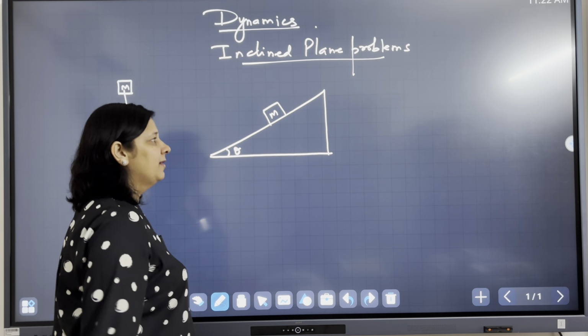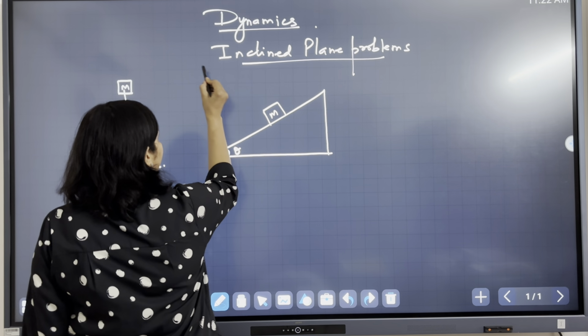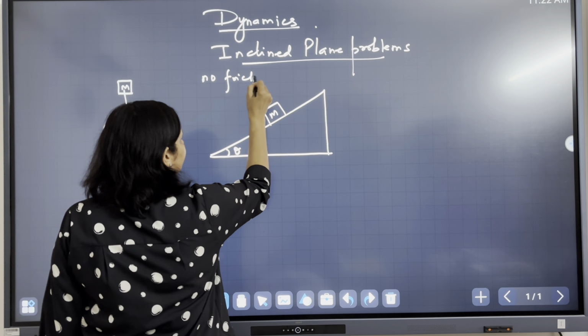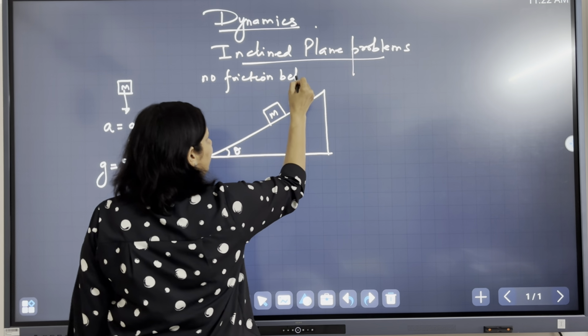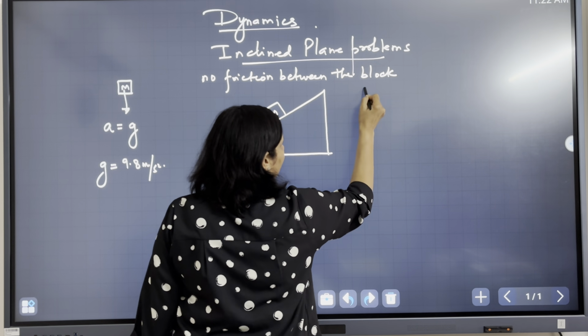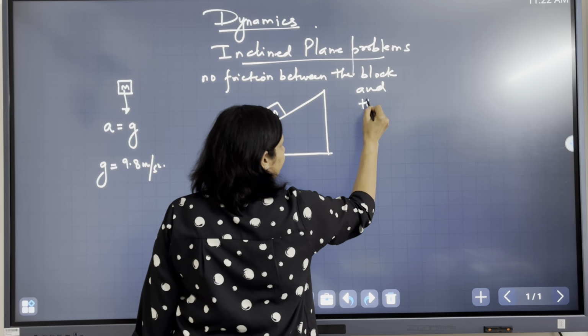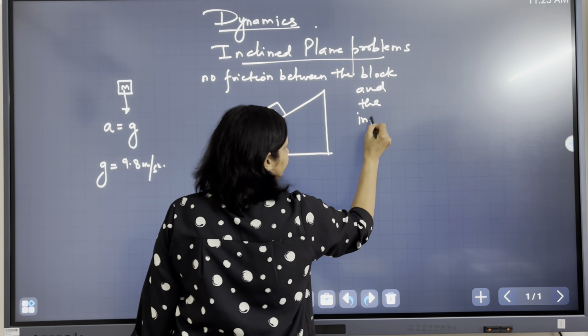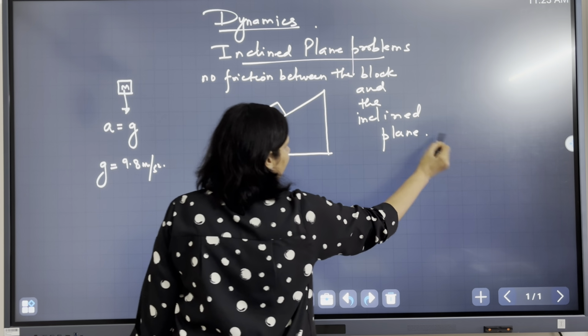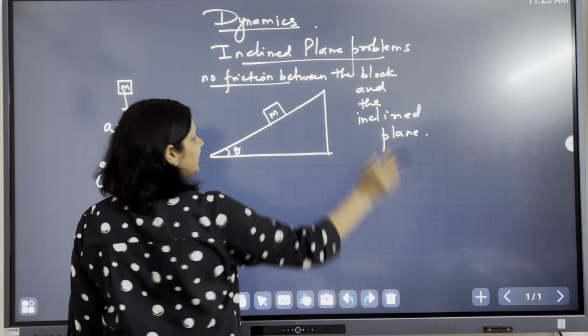Let us take the simpler case first. So no friction between the block and the inclined plane. No friction. Okay, I am keeping it simple.